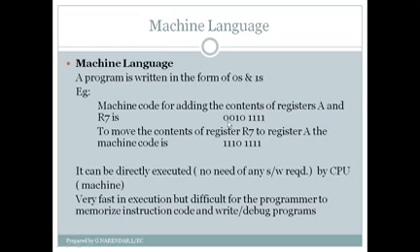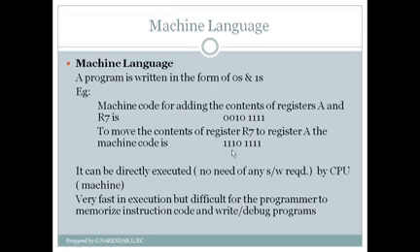But you can see that you observe the machine codes. To perform this operation, you have to remember this machine code, and to perform this operation, you have to remember this machine code.